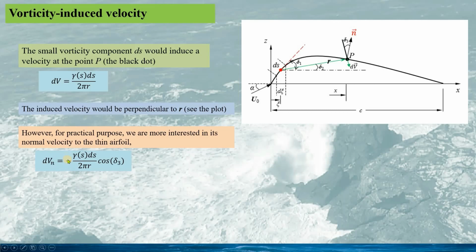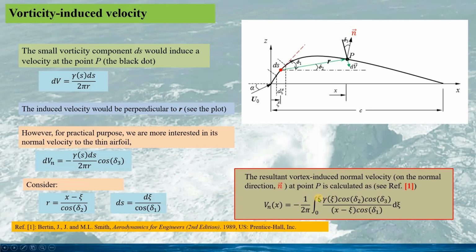And the minus sign means the normal component of the induced velocity is in the opposite direction of the normal vector n. So consider the relation r given by this and ds given by this. So we can formulate the resultant vortex-induced normal velocity Vn as this.